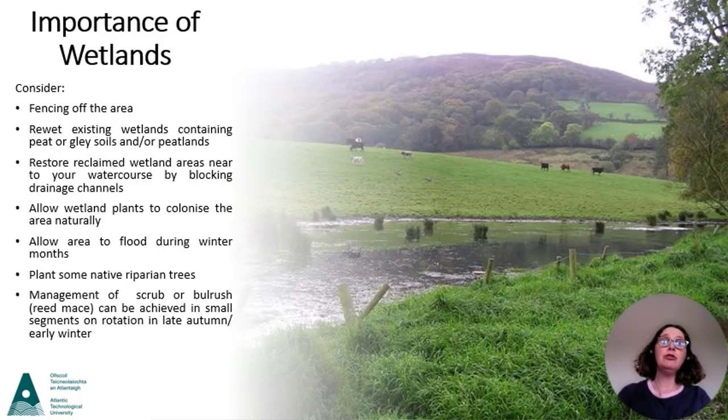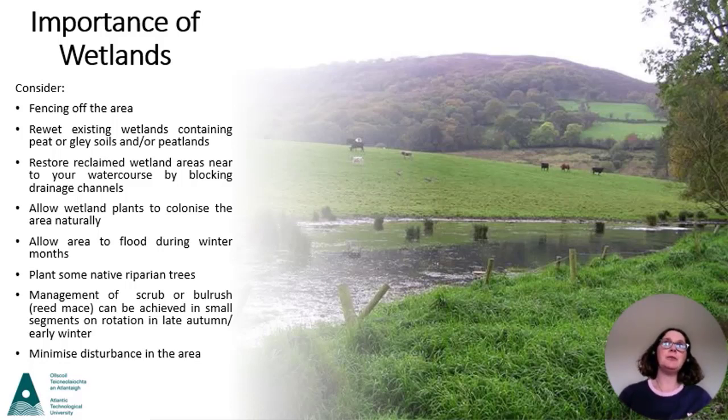Particularly in relation to bulrush, it is best to remove this vegetation type at the end of autumn, because this will have stored up all of the nutrients from the land in the summertime, and if you cut it before it releases back into the environment, then it can be a nice way of removing it. And ultimately what you're trying to do is minimize disturbance to these areas and, I suppose, let them function in a natural way.